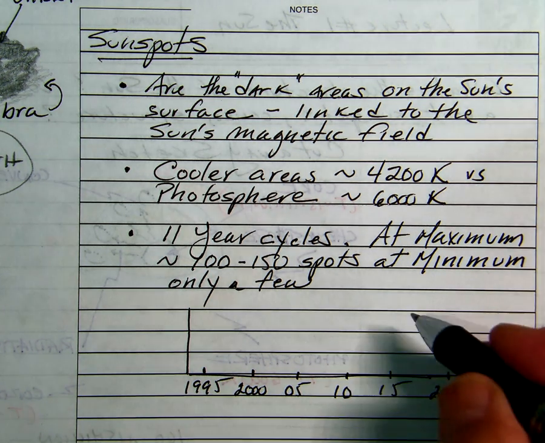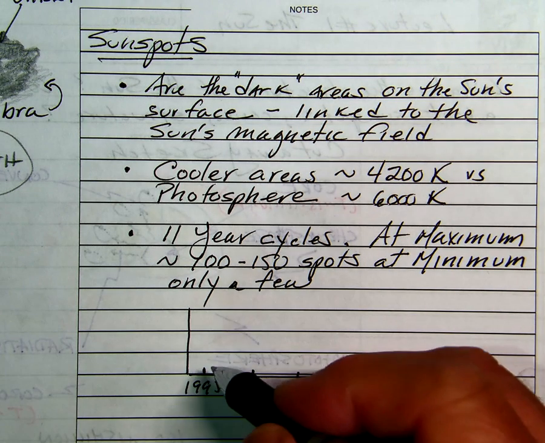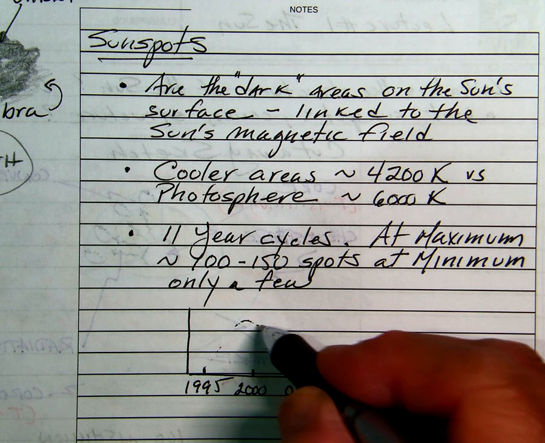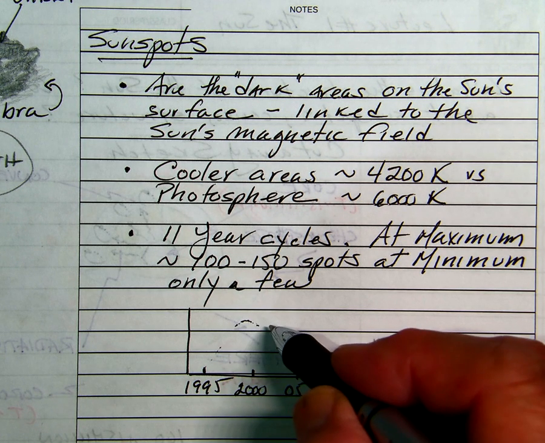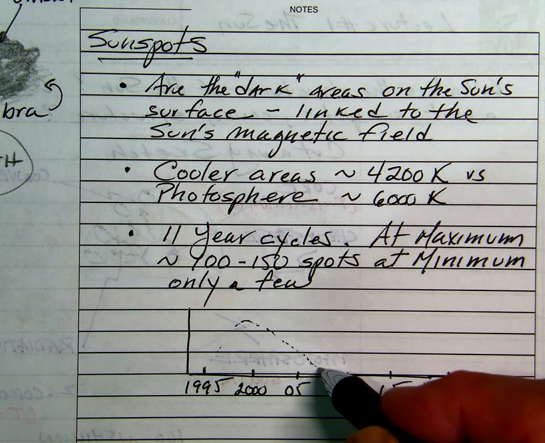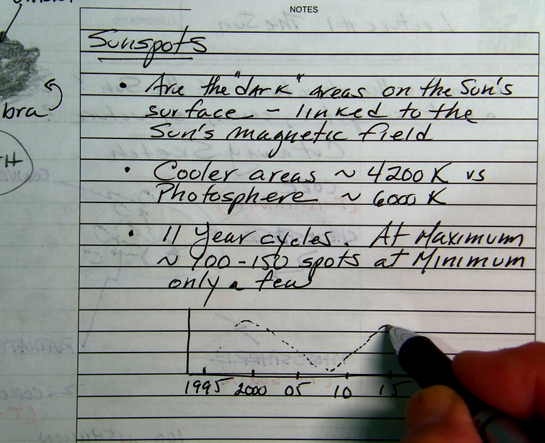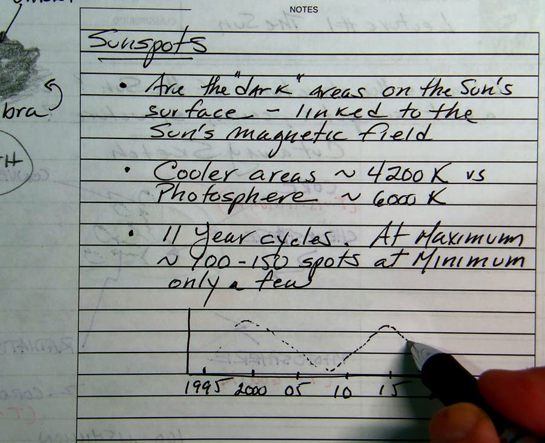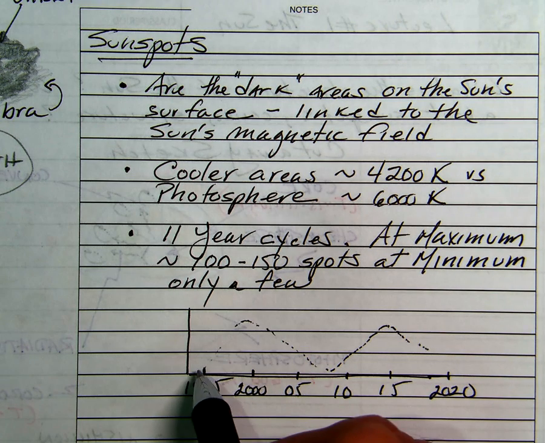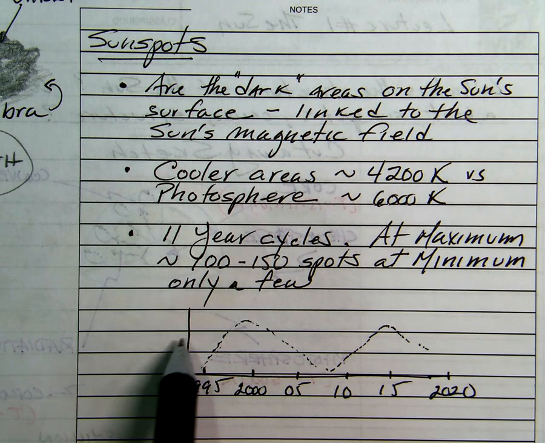You would end up basically going from 95 to a high in 2000, like this, to a low, to a high, and now we're approaching a low. So it would be something like that, approximately 11-year cycles, and here's about 100 spots.